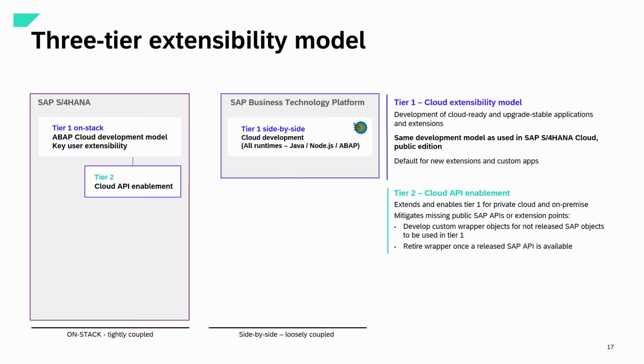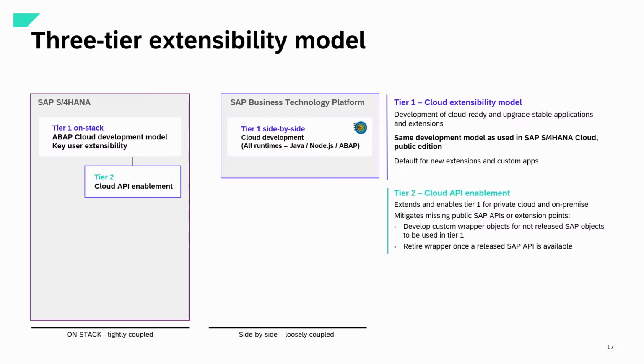There is also, besides this tier 1, which is per default Clean Core, something special here for S/4HANA Private Cloud and on-premise, the so-called tier 2, because from tier 1 you can only consume APIs which are officially released by SAP, but not in all areas such APIs are already available.